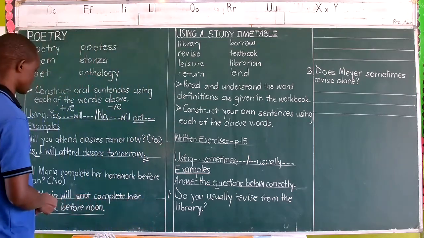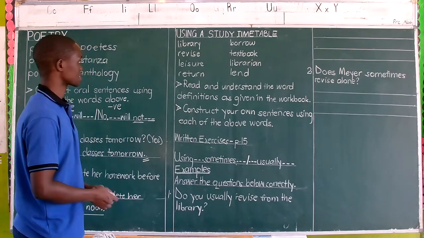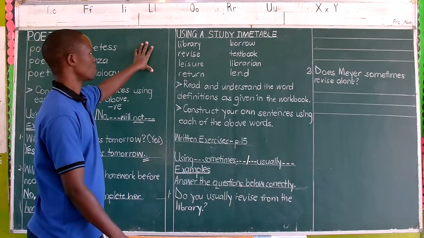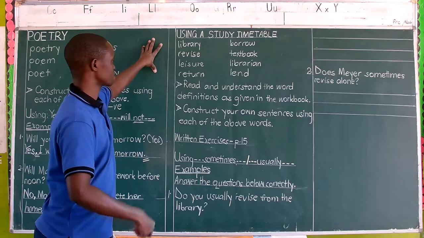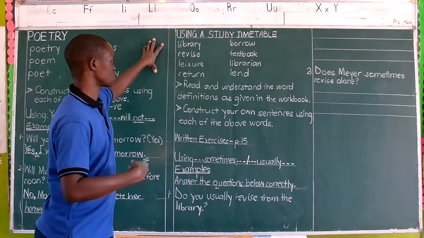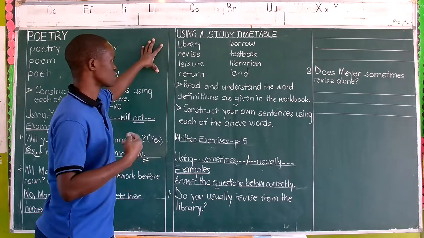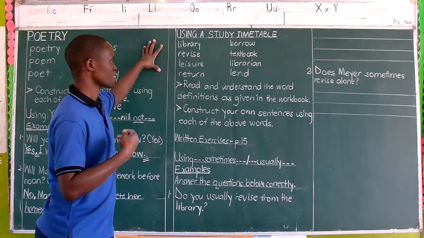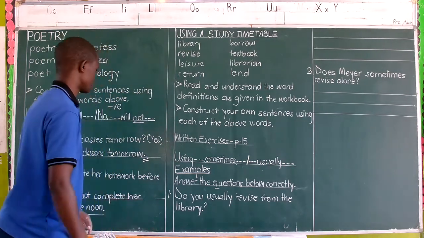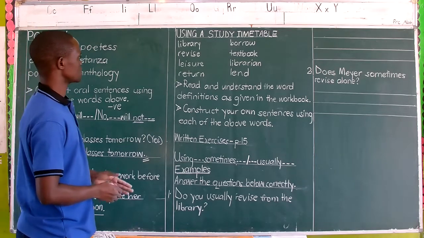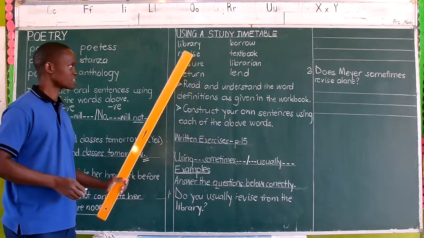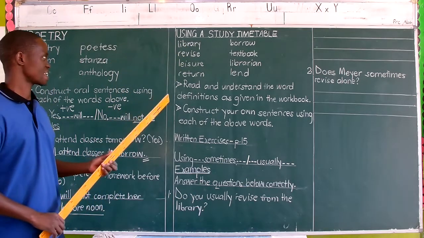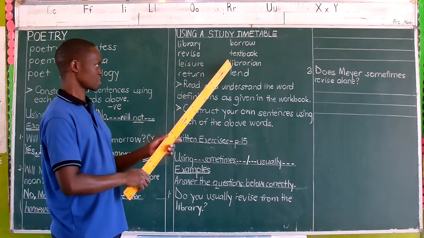Next, using a study timetable. We have new words once again to look at, and that is library, revise, leisure, return, borrow, textbook, librarian, and lend. We repeat: library, revise, leisure, return, borrow, textbook, librarian, and lend. Maybe a librarian, talk about this.